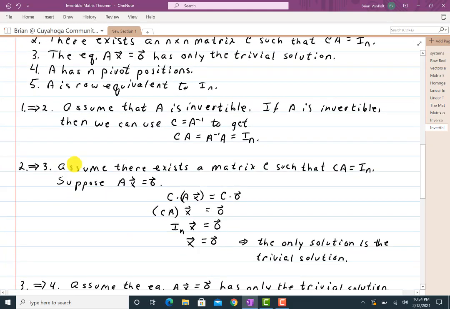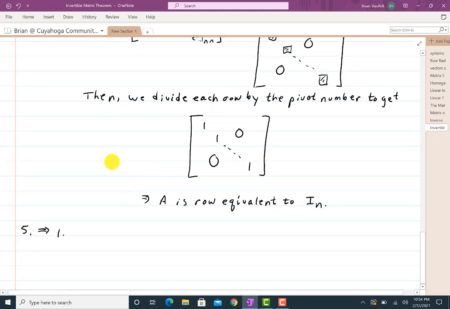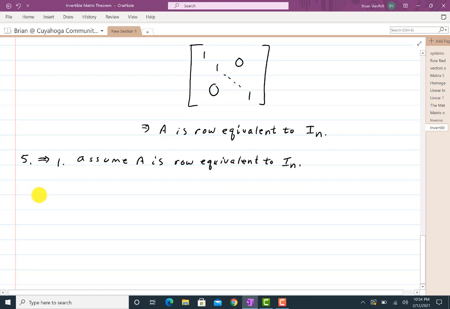So anyways, let's assume that A is row equivalent to IN. And what we want to do is prove that A is an invertible matrix.